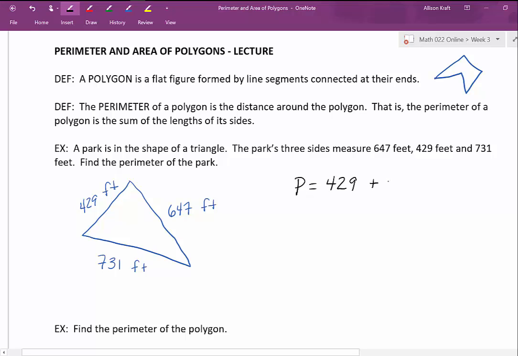When actually finding the perimeter, I tend not to write the units. I think it's confusing when there's too much written there. Now we just need to add these numbers up. We get P to be equal to 1,807. And now make sure you write your unit of feet in.